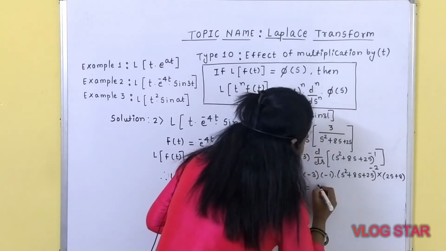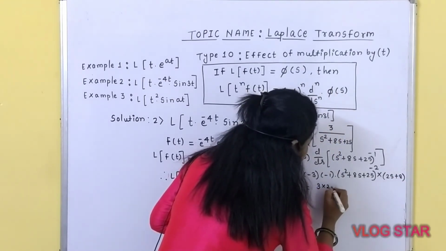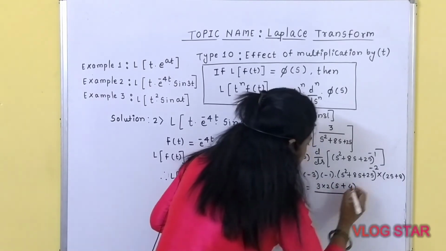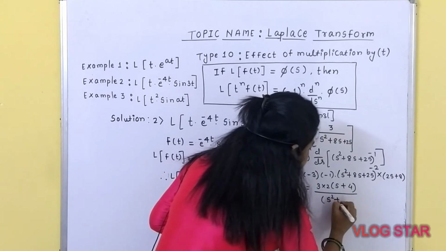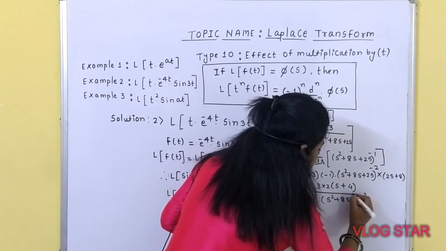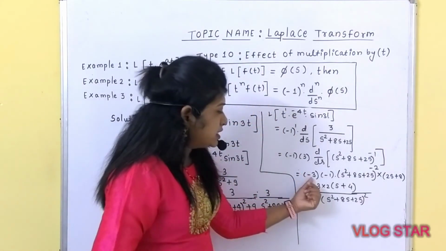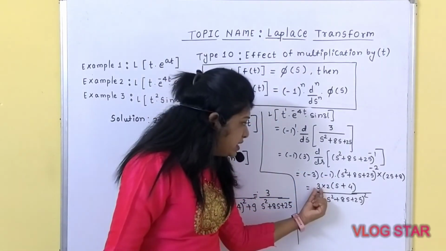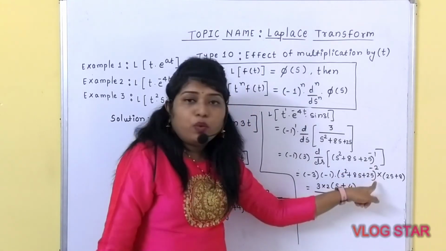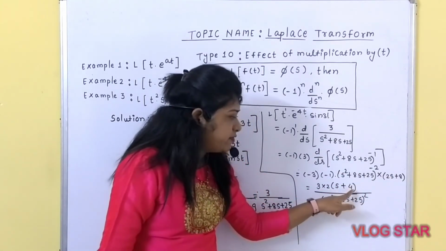So the final answer is 3 into 2. We can take 2 outside the bracket. What is there inside? s plus 4. And minus 3 into minus 1 is 3. From this we can take 2 outside the bracket. What is there inside? s plus 4.